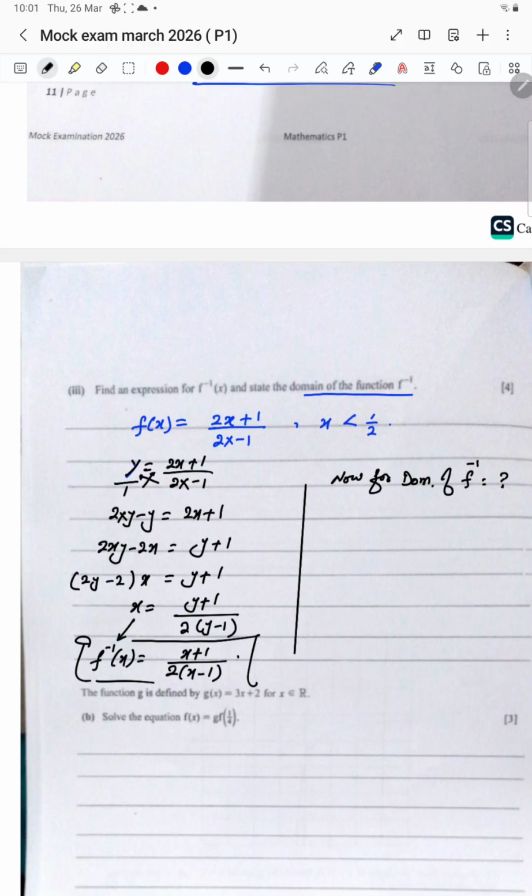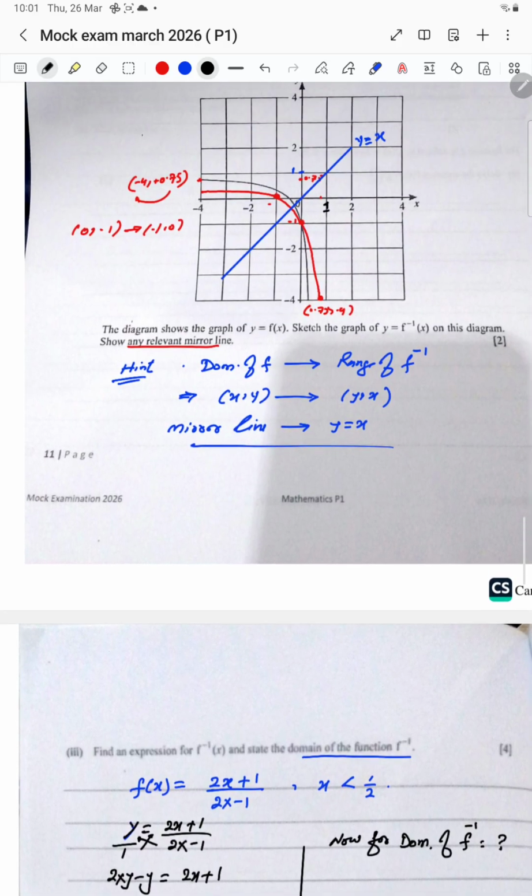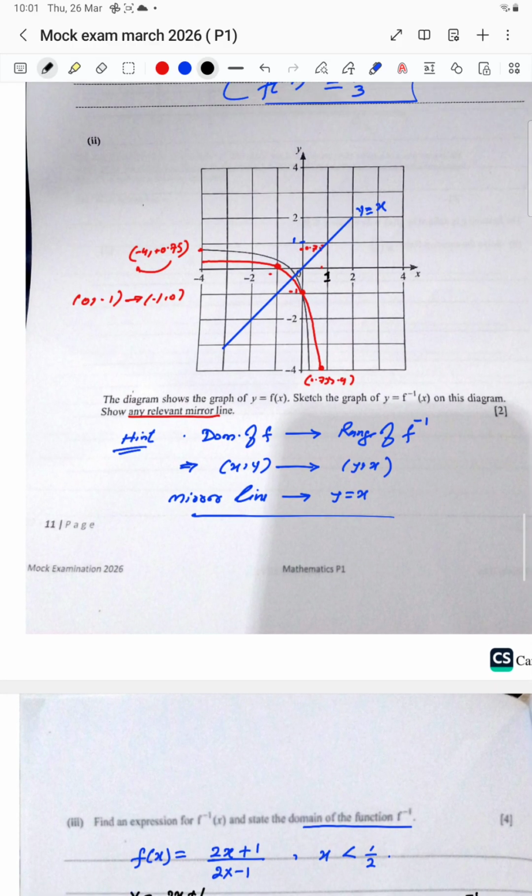If we look at part 2 of this function, the domain of f inverse is equal to the range of f, and here the range of f is less than 1. You can see from the curve that it starts from here and is less than 1.